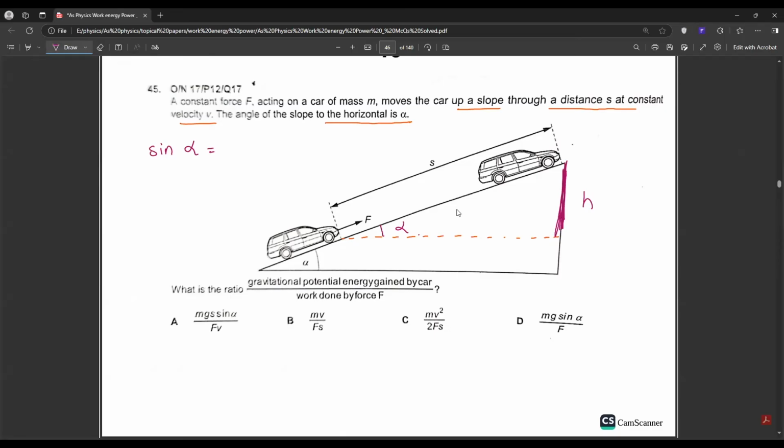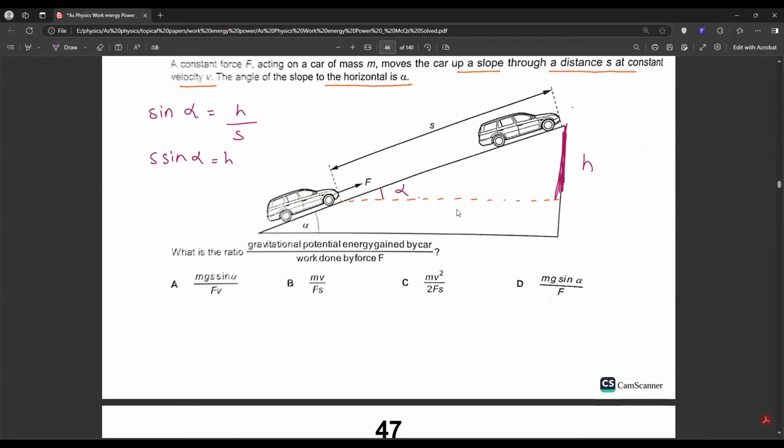Perpendicular divided by hypotenuse. S sine alpha is equal to your height gain. What will be your gravitational potential energy gained by the car? Are we given the mass?